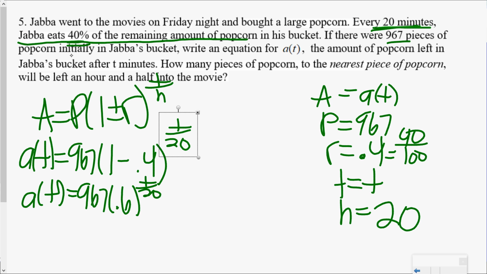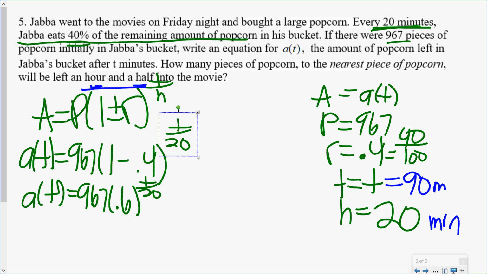Follow-up question. How many pieces of popcorn will be left an hour and a half into the movie? Well, H is minutes, so I need minutes. How many minutes is an hour and a half? That's 90 minutes. So I'm going to replace T with 90.